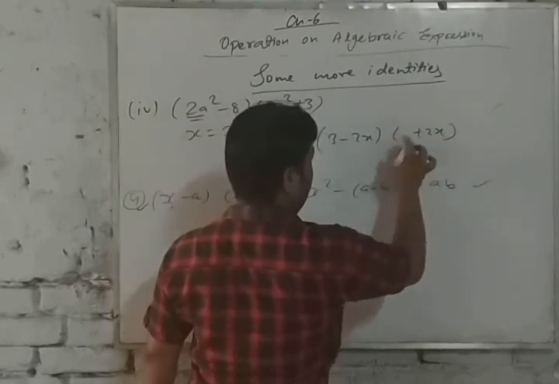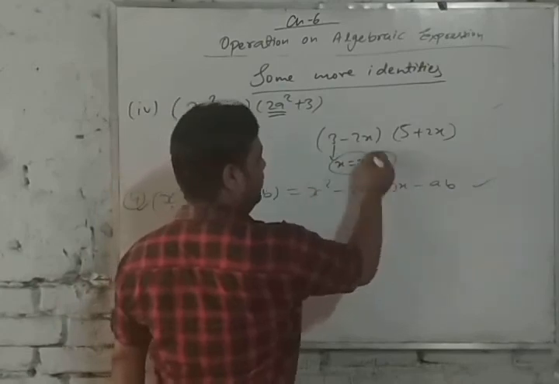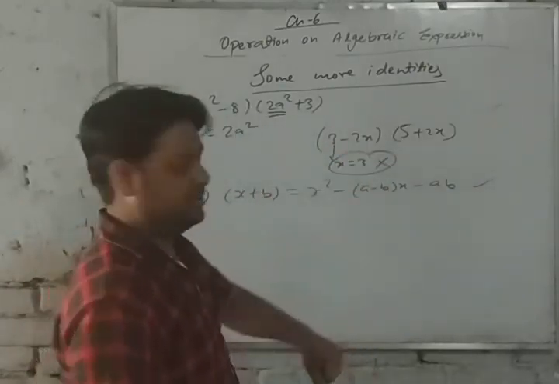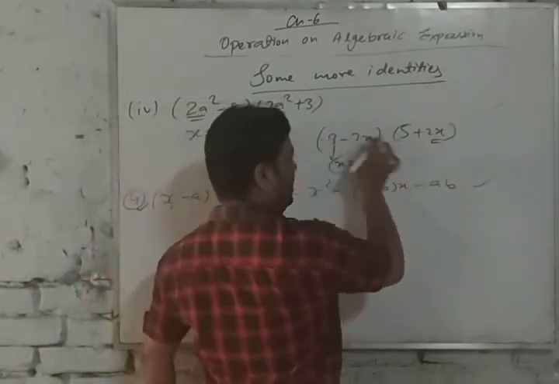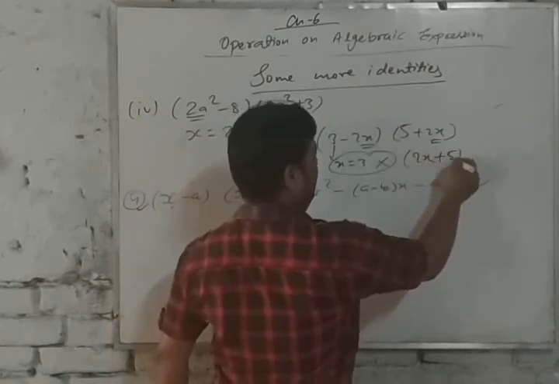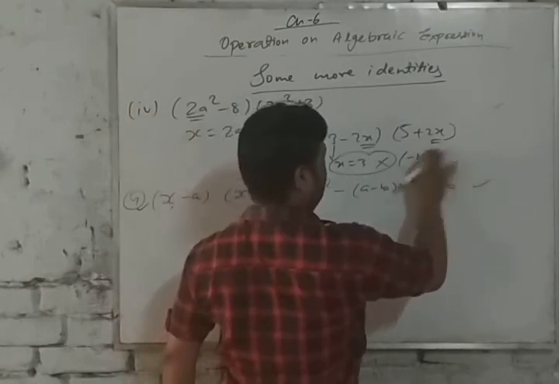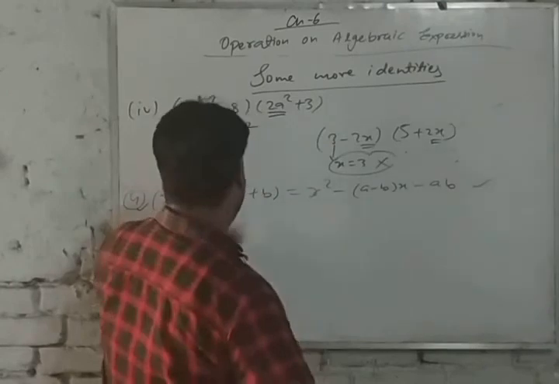Sorry, 3 minus 2x and 5 plus 2x. Then we will write x as 3. No, it is wrong. Because what term is matching in both cases? 2x is matching. So at first we will arrange it, that is, we will write 2x plus 5 here. Sorry, minus 2x plus minus 3. We will solve this question later. At first solve this question.